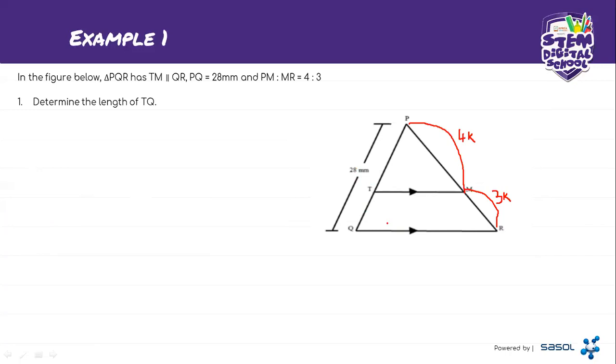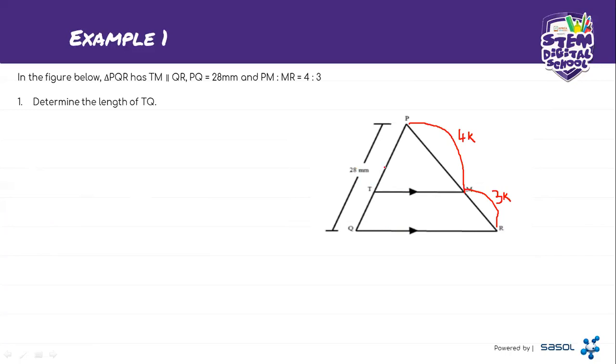On this one, we are using the ratios to calculate the actual distance of any side. Today we'll be learning how to use the ratio to calculate the actual distance, okay?